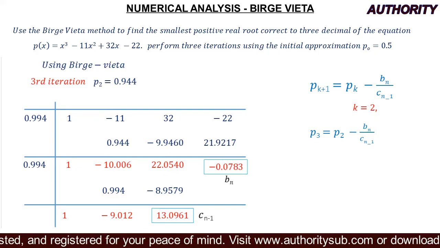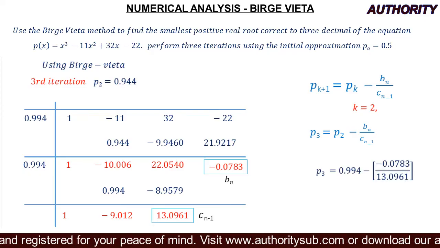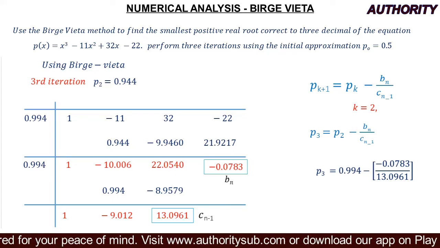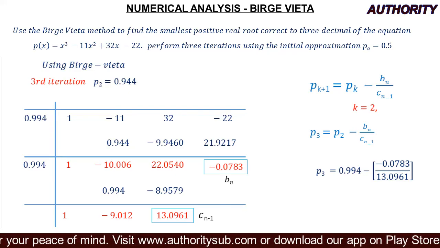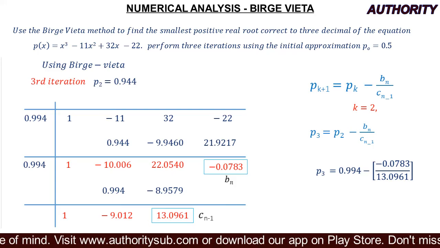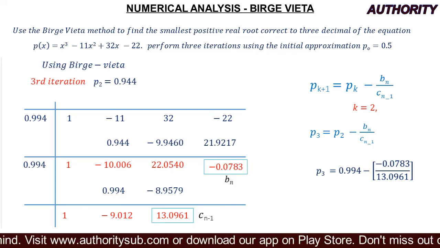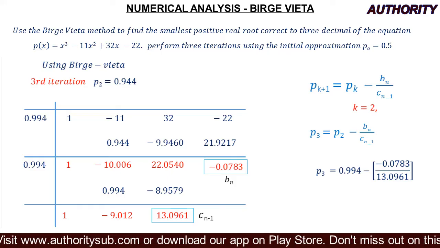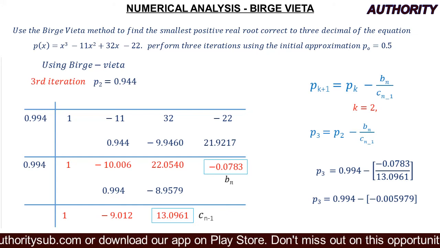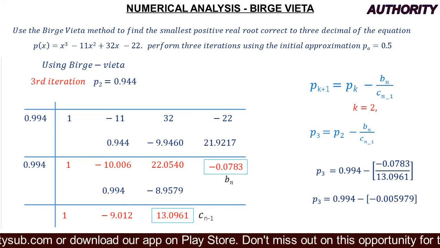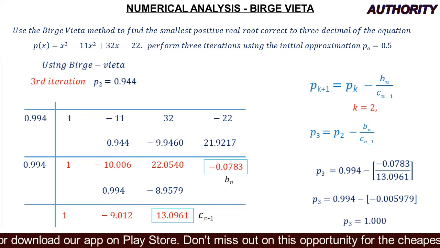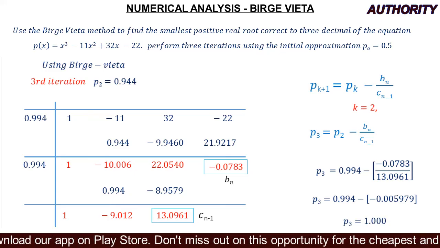So p3 is 0.994, which is our p2, minus, open bracket, our bn, which is minus 0.0783, all over cn minus 1, which is 13.0961. When you simplify this bracket, it gives minus 0.005979.